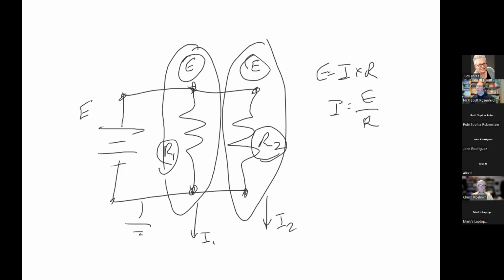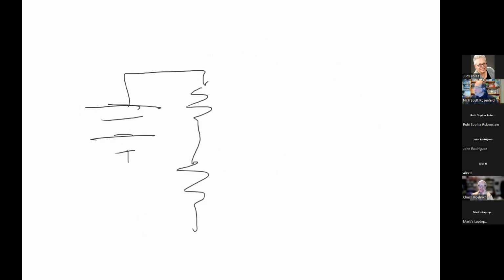So this would actually be kind of like a current dividing circuit. If I were to draw that other circuit again and do it like this, where I had E and then ER1 and ER2, I would actually be able to divide my voltages.